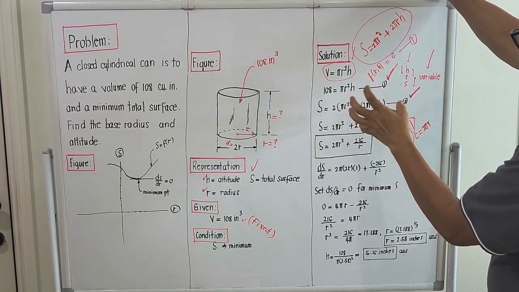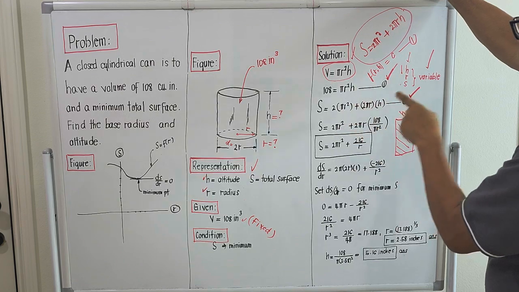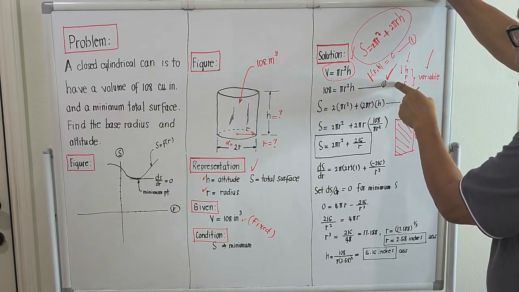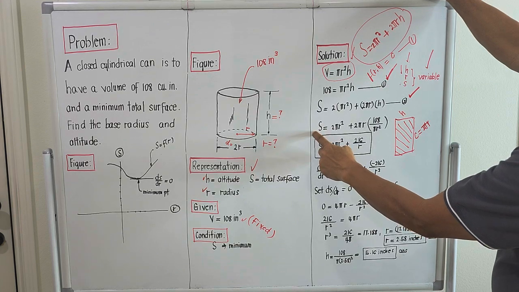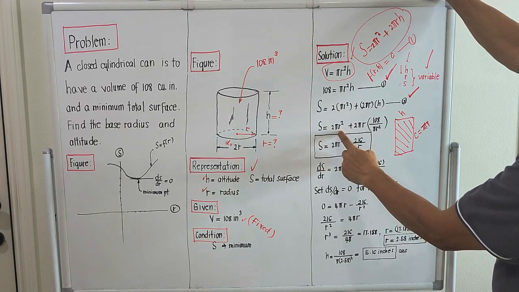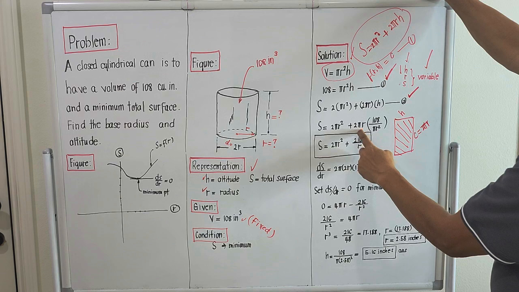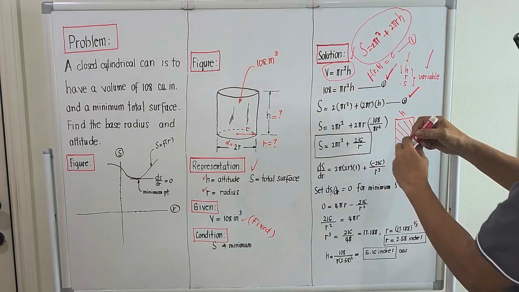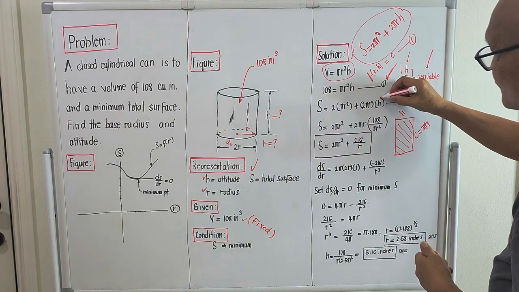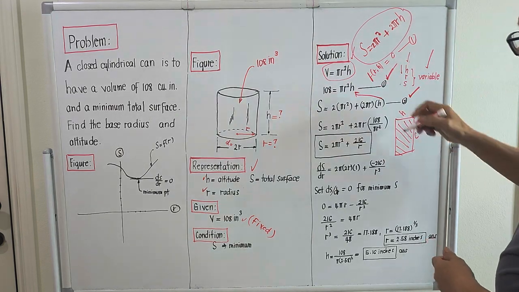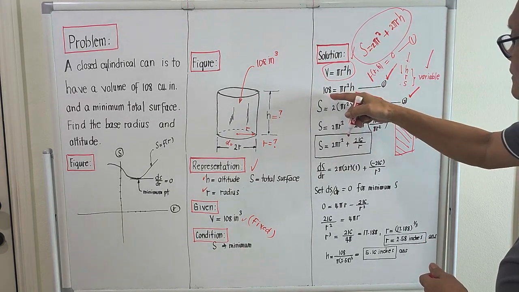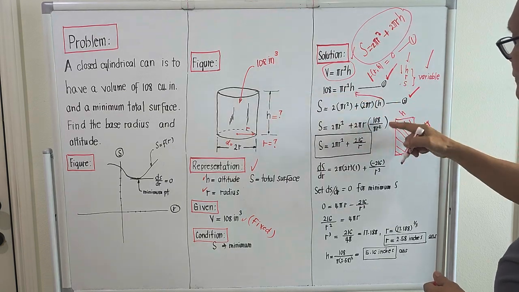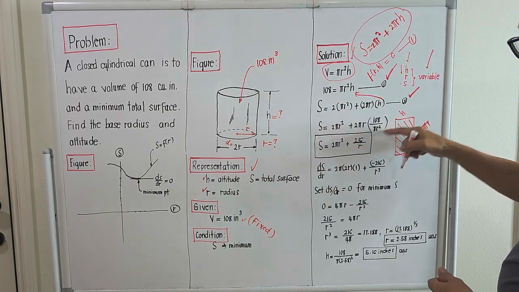But we are given the relation of h in terms of r by using equation number 1. So rewriting equation number 2, s will be 2 pi r square plus 2 pi r, and we replace h with its value. H here will be 108 over pi r square.